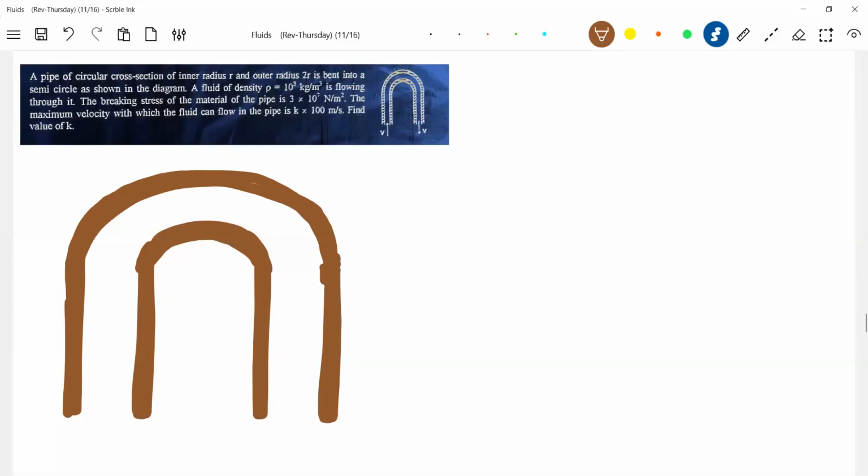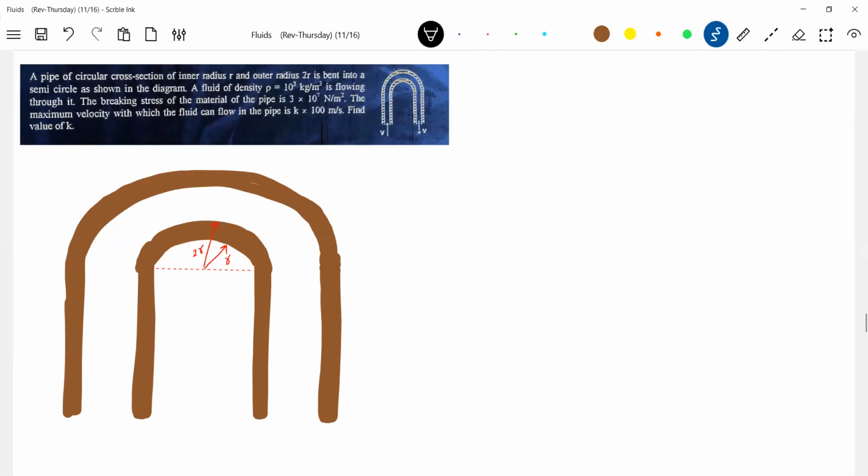Some elasticity idea is what is introducing. That's the only thing. So what is that, R and 2R? What we have to search is this. Is it a pipe?